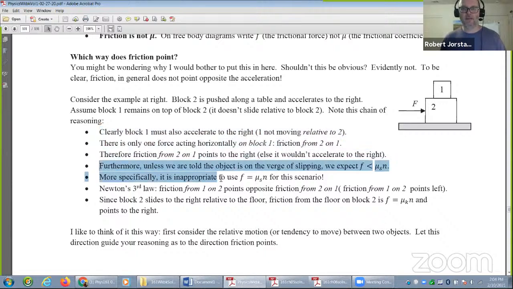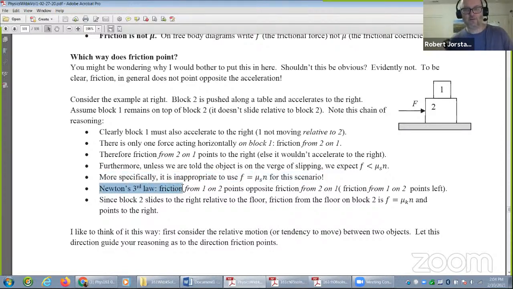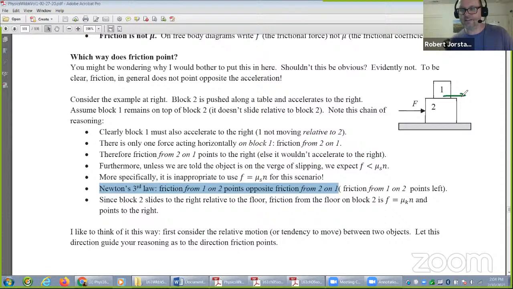Next, nothing in this problem indicated it's on the verge of slipping. It is inappropriate to use this weird equation. Okay, fine. Now, from Newton's third law, friction from 1 on 2 points opposite friction from 2 on 1. So, like we said before, there's a frictional force going this way.